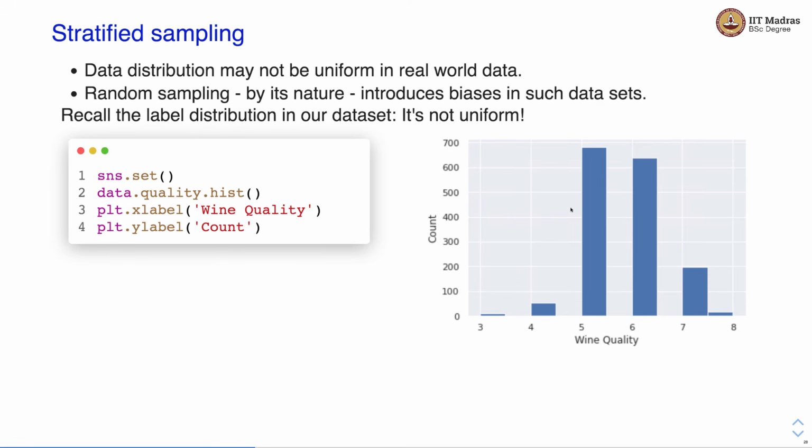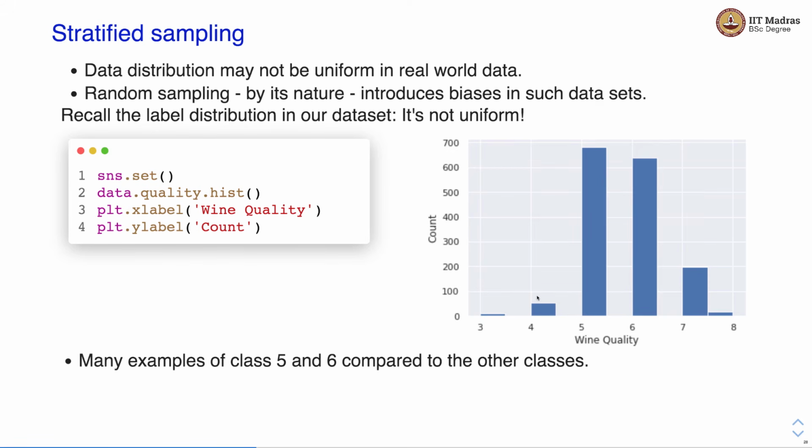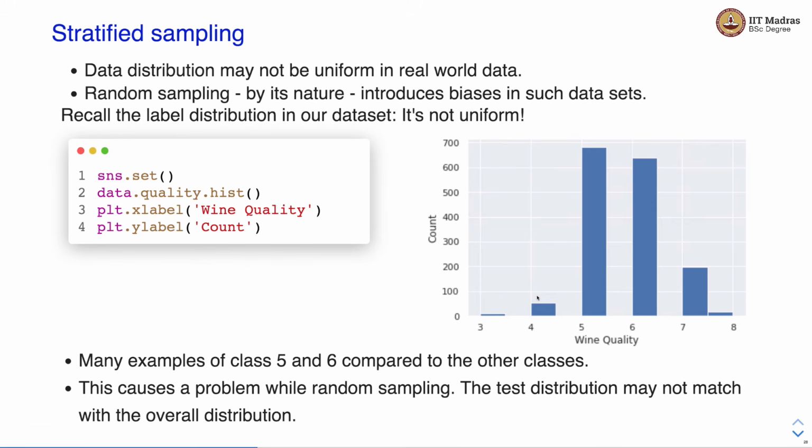Labels 5 and 6 are overrepresented in the dataset, whereas other labels are underrepresented. So the distribution of the label is not uniform, and this could be a problem for random sampling. The problem would imply that the test distribution may not match the overall distribution.